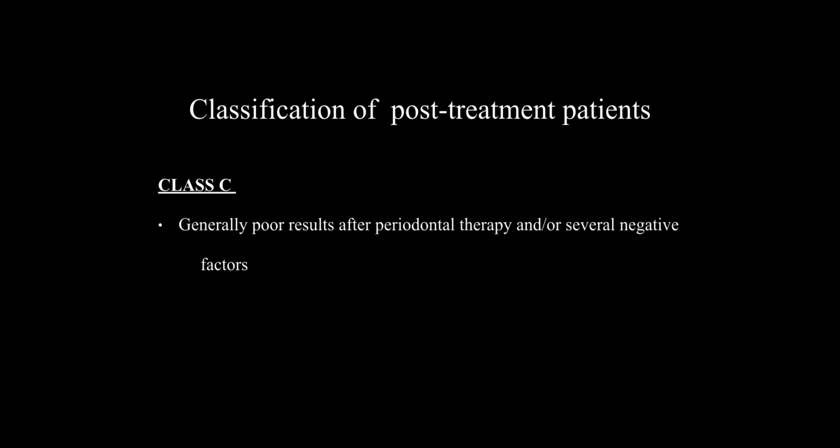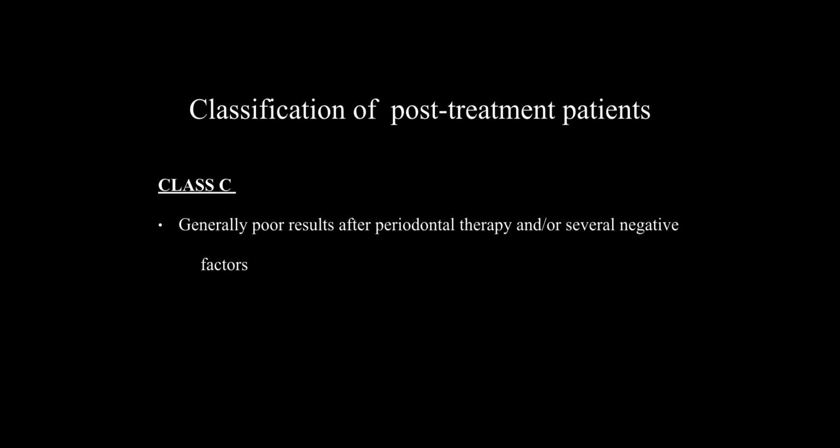With Class C, after periodontal therapy, it's still a very poor result, and there are several negative factors. Usually, the patient has more than 50% of bone loss, with many teeth that are considered hopeless and indicated for extraction either at the phase of treatment or later on during the maintenance phase.